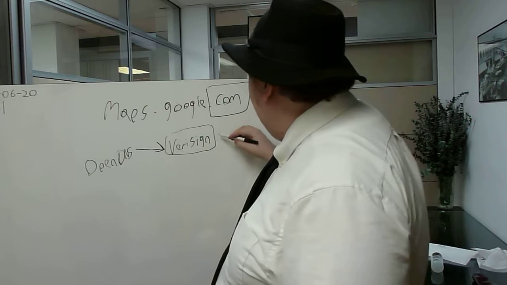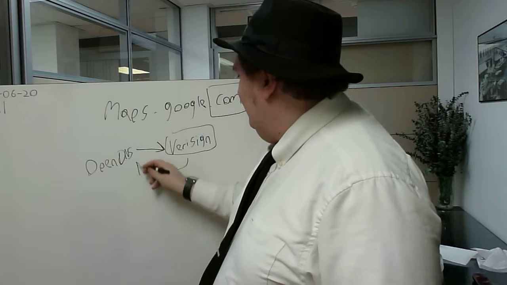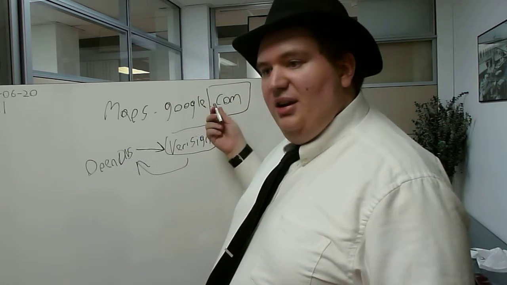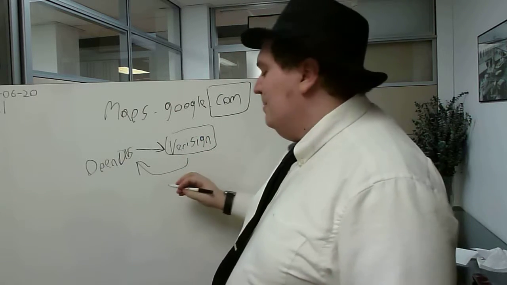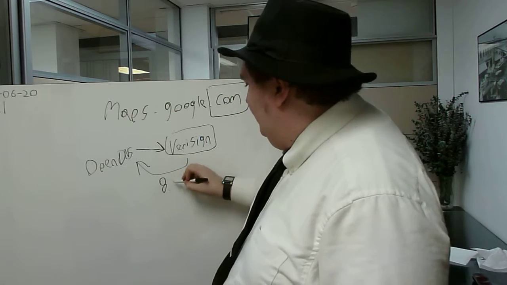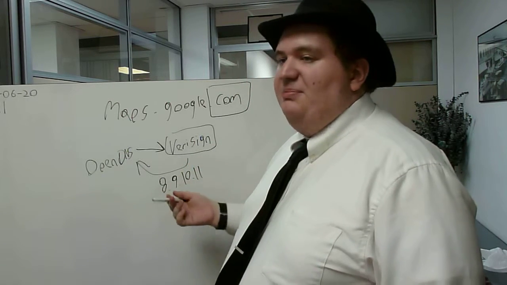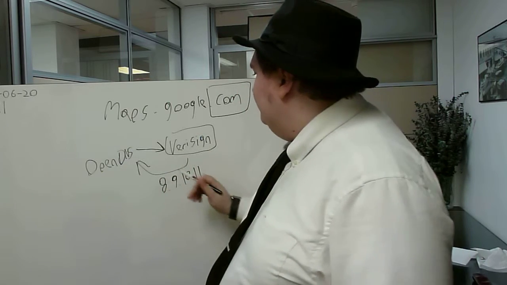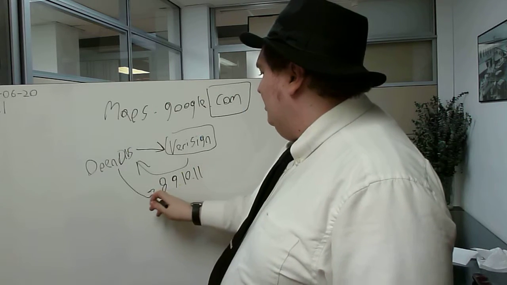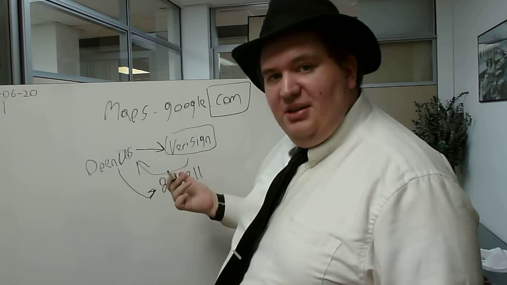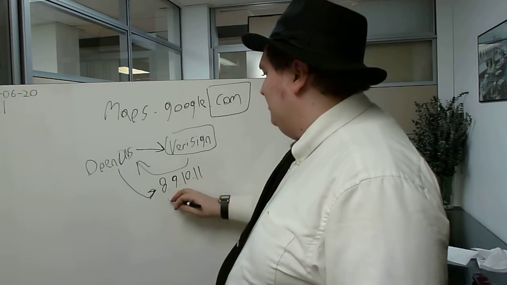So VeriSign will come back and tell OpenDNS, if you want to know where Google's names are, you should ask the Google name server, and that's like 8.9.10.11. Probably not, but random number. So OpenDNS goes back and it asks Google's name server, hey, I hear you know where all the Google domains are at, so could you tell me where maps.google.com comes from?